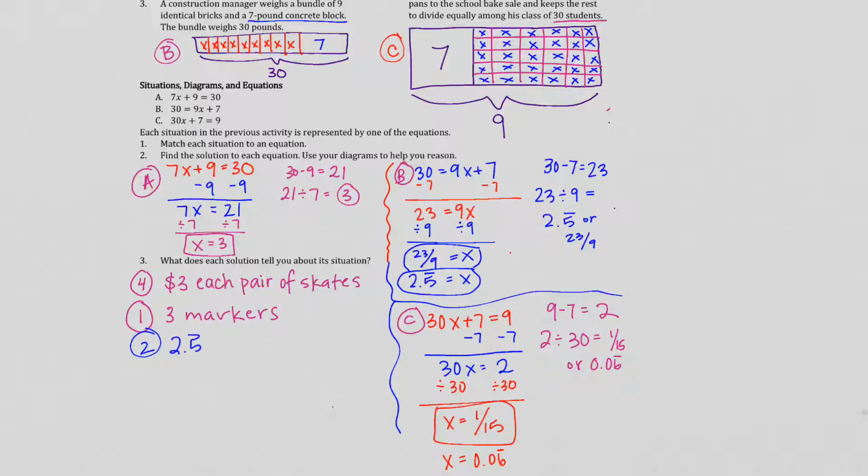So it's 2.5 repeated, or 23/9 feet for each piece. Then if we look at number 3, construction manager weighs a bundle of 9 identical bricks and a 7-pound concrete block. So the unknown is the 9 identical bricks. So it's 2.5 pounds for each brick.